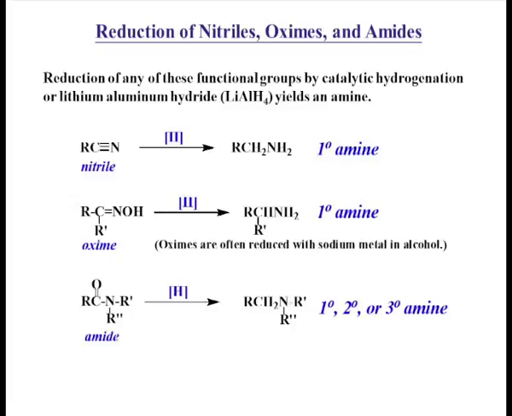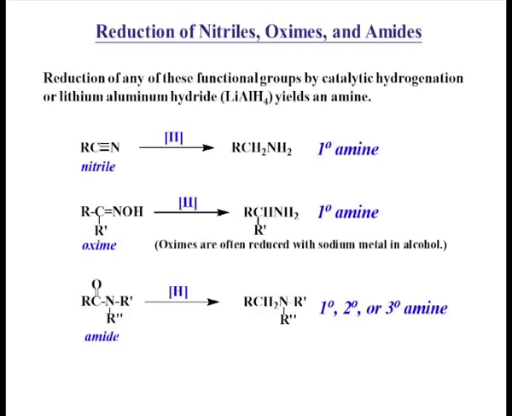So, to make an amine, you do not necessarily have to do a simple SN2 type reaction. You can start from a triple bonded compound and follow stepwise reduction, or in one step both the bonds get reduced. So, one way is by hydrogen or lithium aluminum hydride, another way starting from nitrile or oxime you can make a primary amine, or in the case of an amide, RCO-NR'R'', you can get primary, secondary or tertiary amine very nicely as per your desire, as per the substituent.